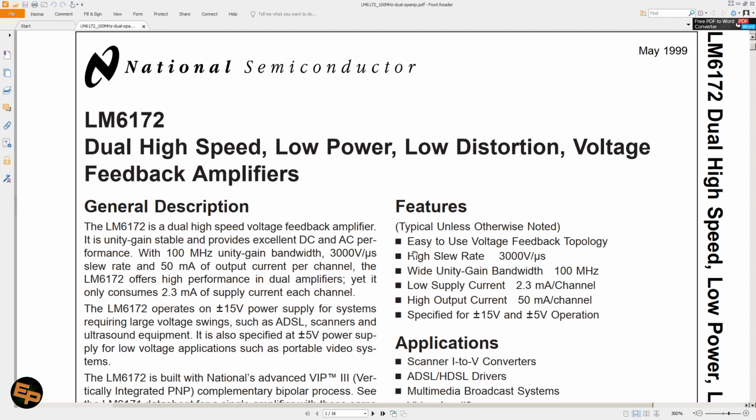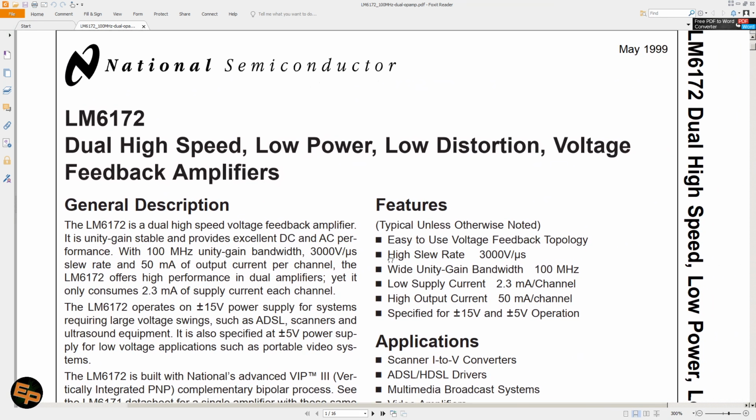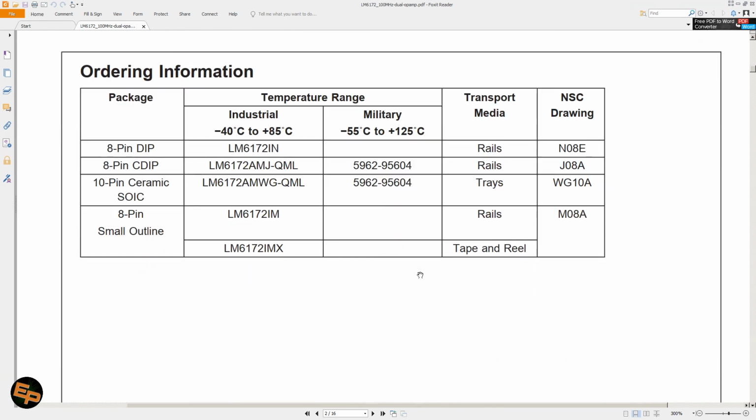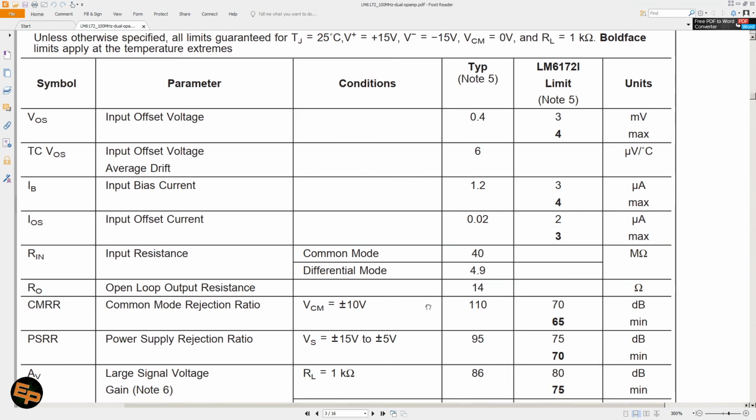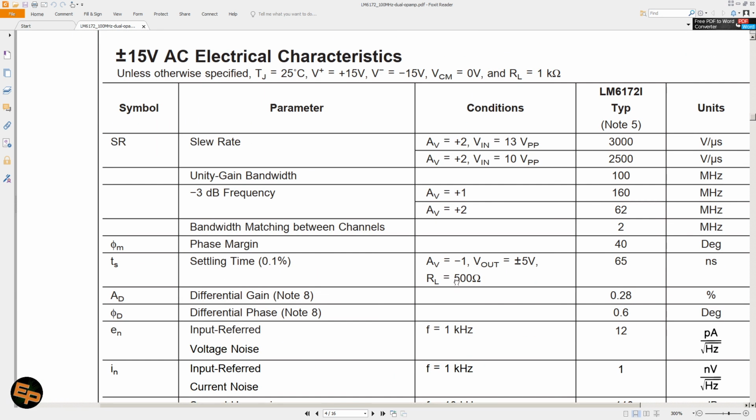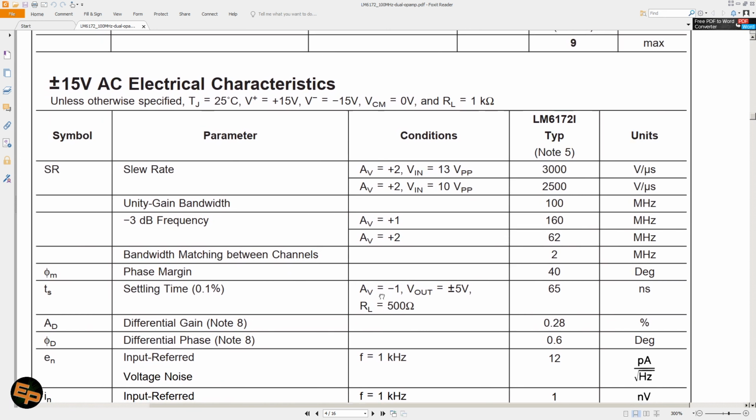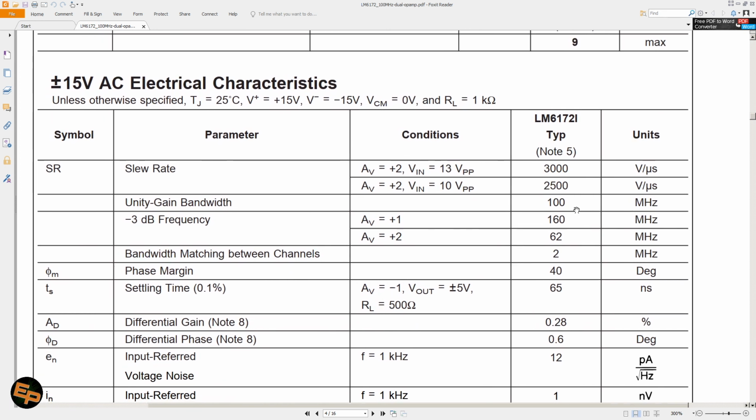For this op-amp, we see the slew rate on the very first page, but also it is written below at page 4 in this case. We see slew rate 3000 volts per microsecond at these conditions, 2500 at these conditions. So this is the thing that you need to look at when you decide to use a different op-amp.